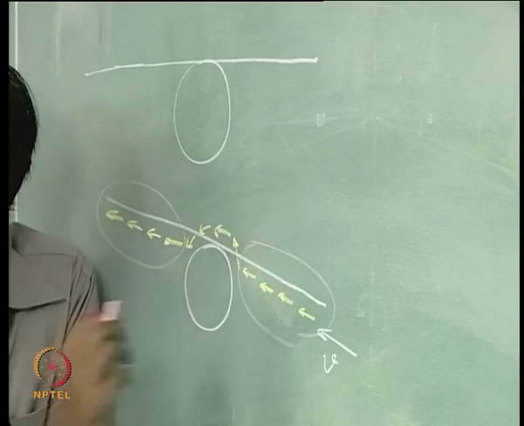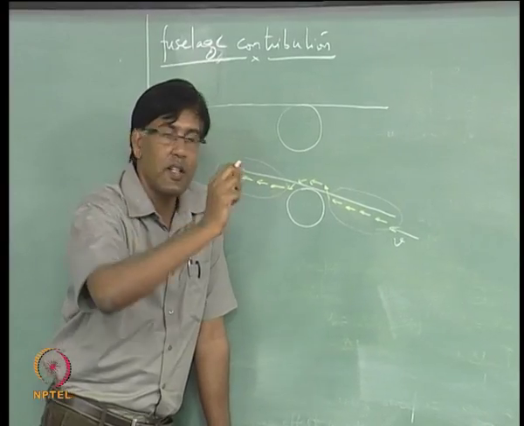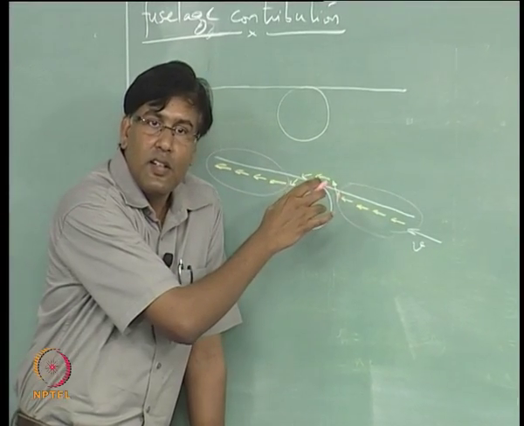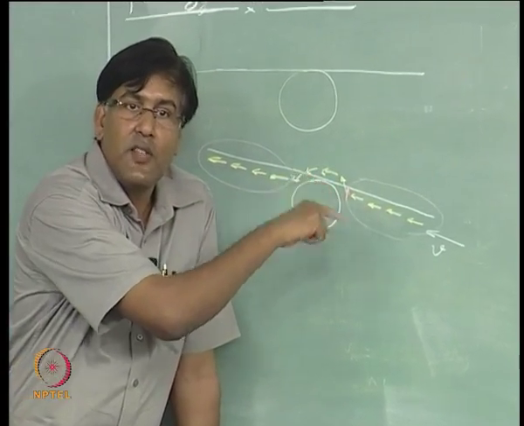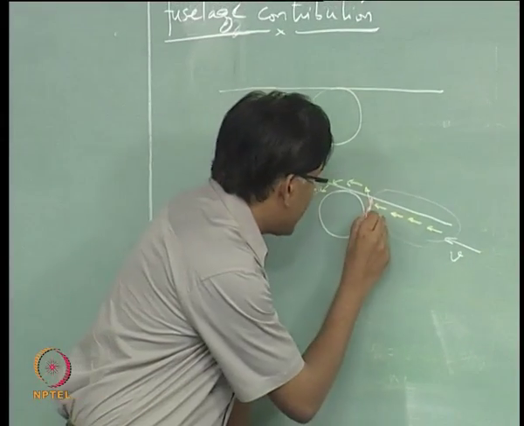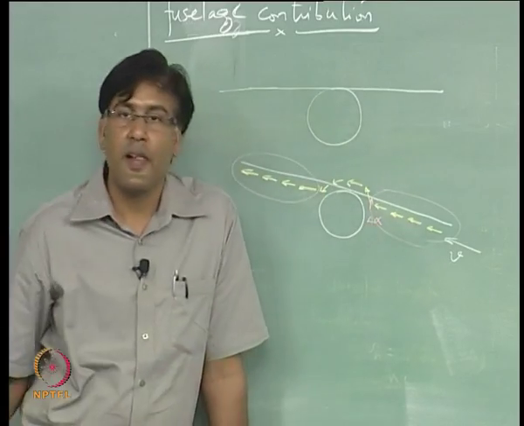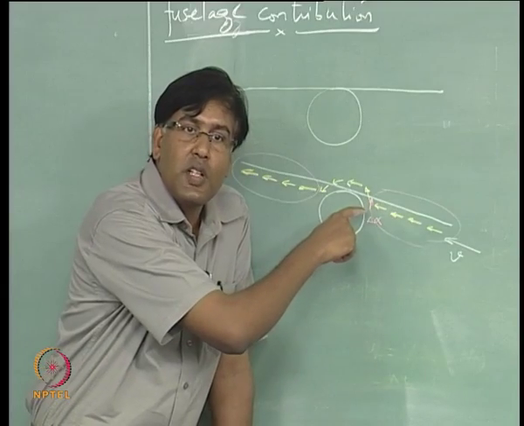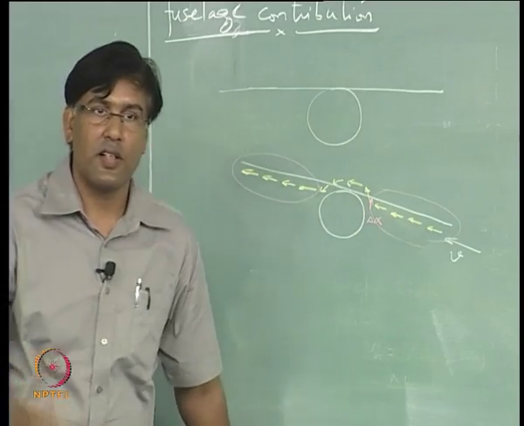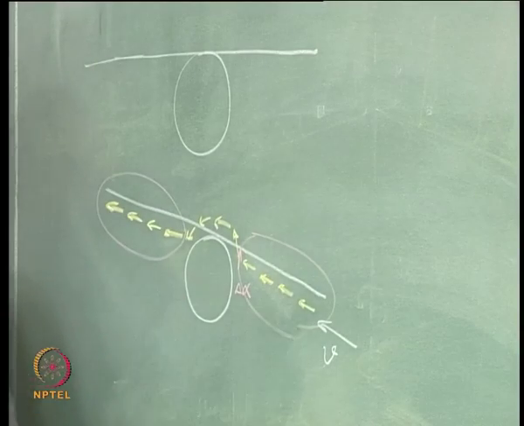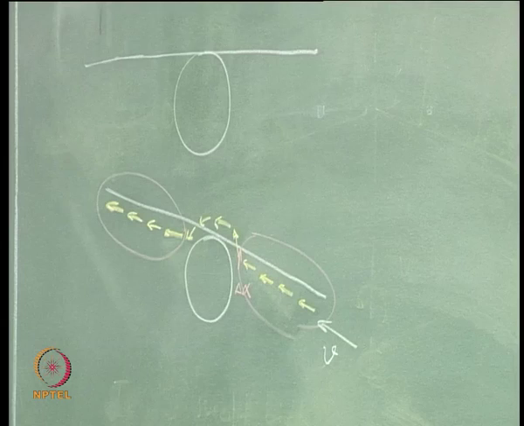Flow is turning here, so it's having an upward component, right, which is adding to the angle of attack of the wing due to the fuselage, right, very close to the fuselage, isn't it? So there is a delta alpha, positive change in angle of attack very close to the fuselage, and this positive change in angle of attack is at the wing, and that is going to give me a rise in lift, overall lift of the wing.